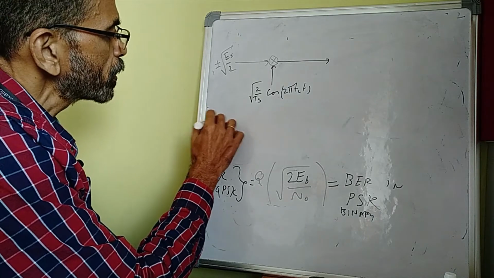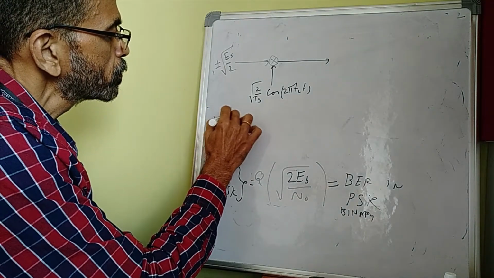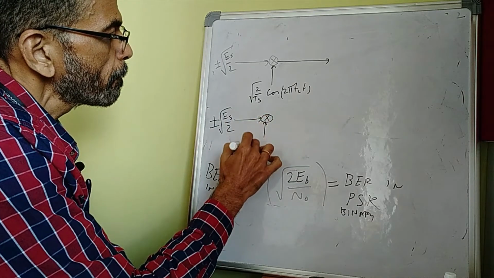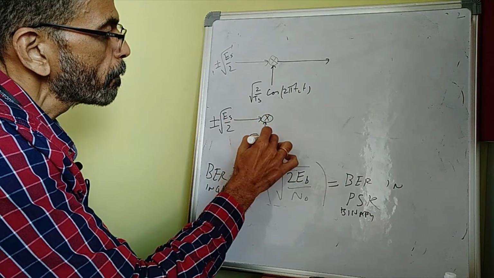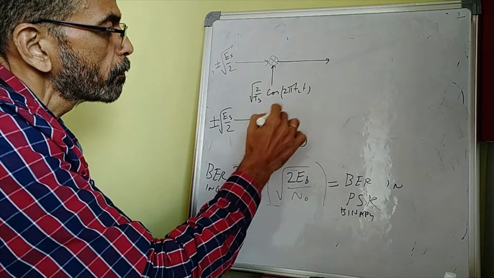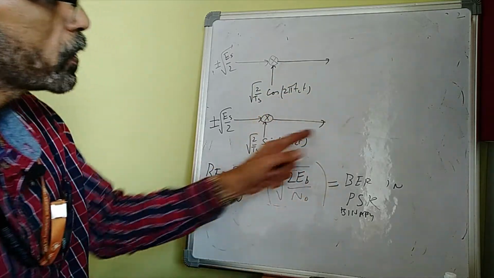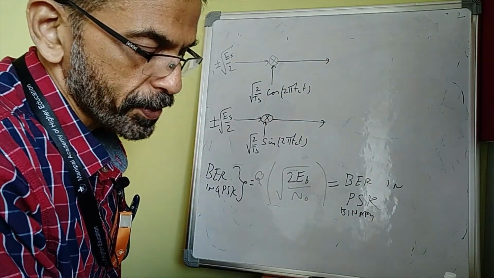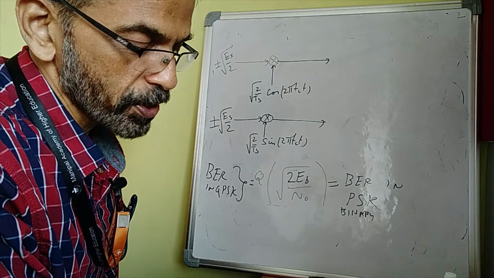And then you have the lower arm like this of the transmitter schematics or generation schematics.